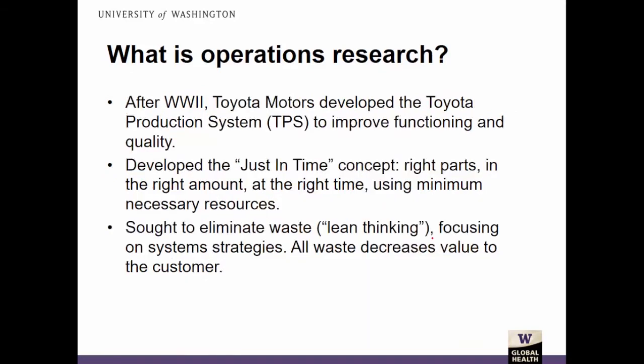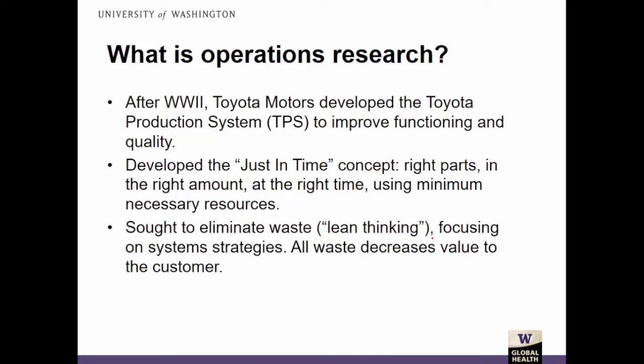So after World War II, moving forward into the modern day, Toyota Motors developed what they called the Toyota Production System, building on the success of operations research during this wartime. And they developed a number of concepts that together have been called, quote-unquote, lean thinking.